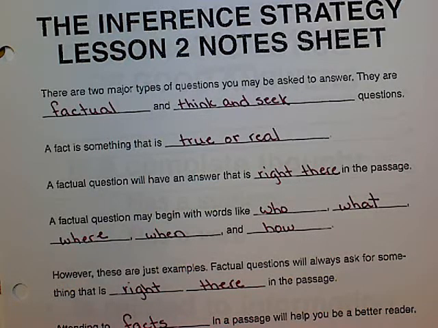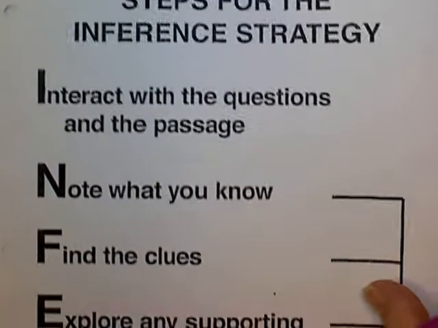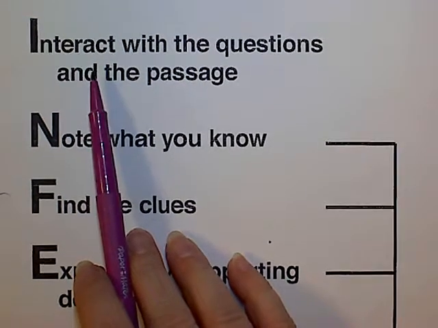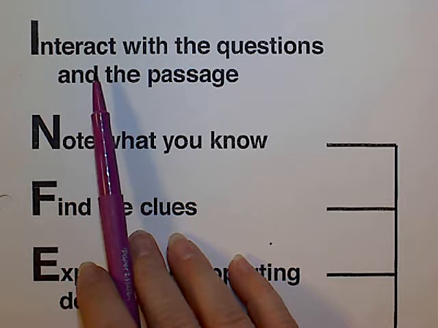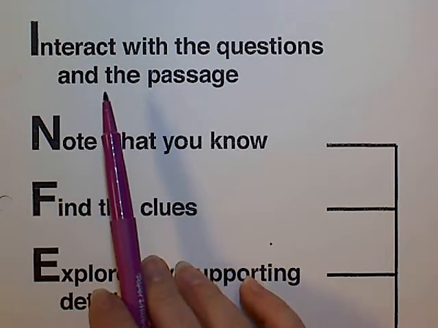Okay, so let's go over how to use the infer steps with the factual questions. So I'm going to put these infer steps back up here. So for the first step, you will read the question and then think about it. Be sure to read the whole question. Why do you suppose we talked about reading the whole question first?